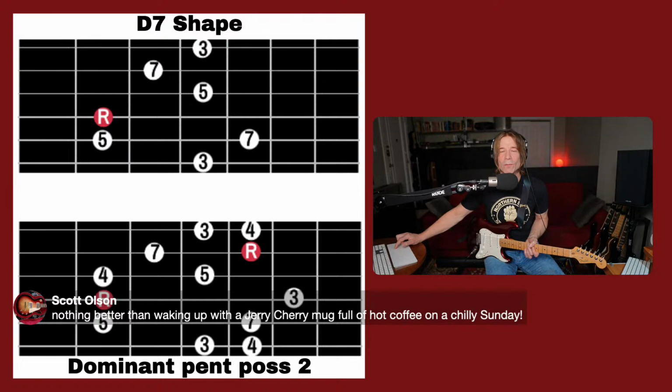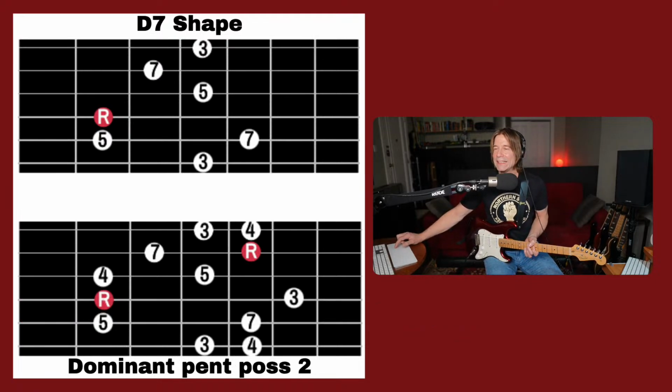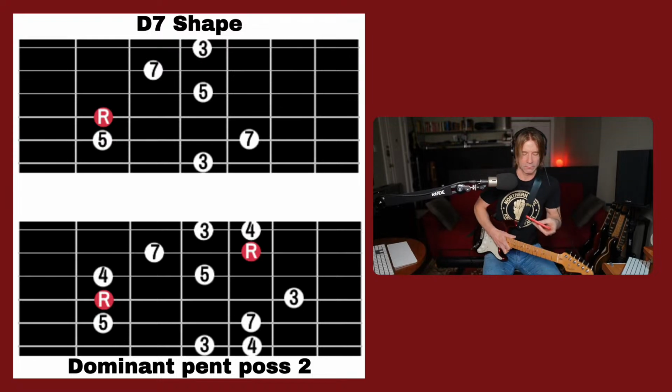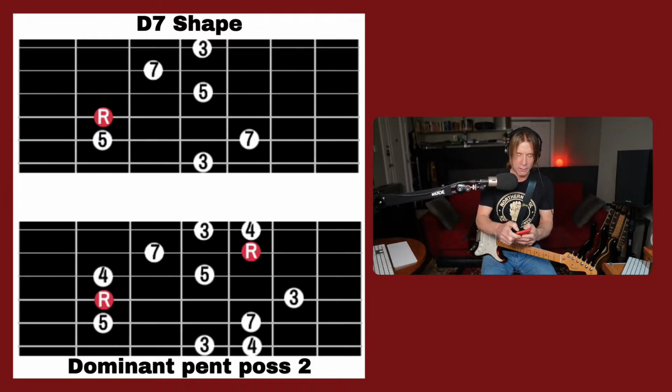Nothing better than waking up with a cherry mug full of hot coffee on a chilly Sunday. Wow, it is chilly too today. There is no doubt about it. Right here in New York, it is 53. No, it's Coppertini. Why does Coppertini come up when I'm in New York? I don't know. But it's cold here. I do know that it's cold. I'll tell you, on my phone, it never lies. The iPhone never lies. It is in New York City.